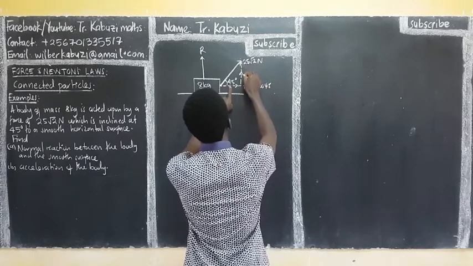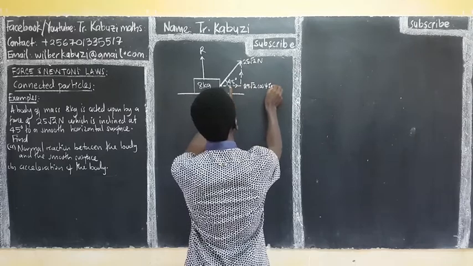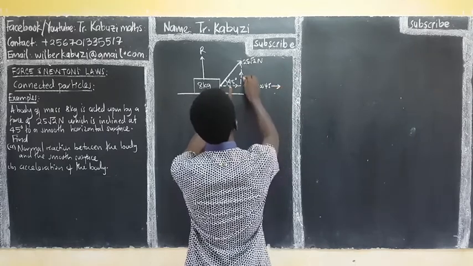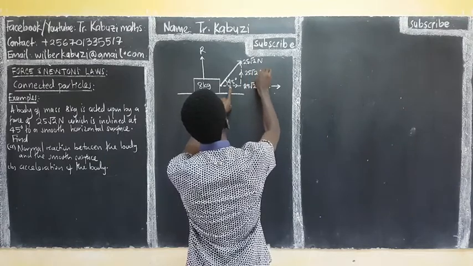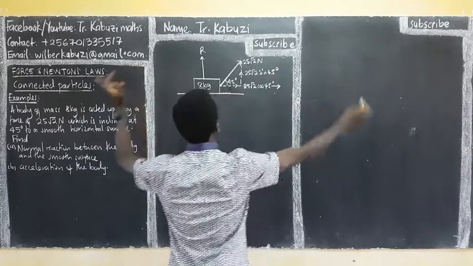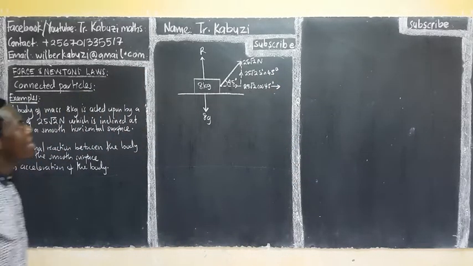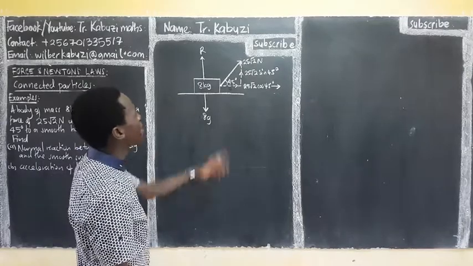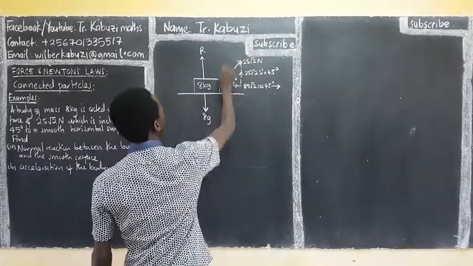Then this force going upward is the opposite, so 25 root 2 sine 45 degrees. After doing that, this is the reaction I was talking about. You can even put it this side or this side, it's up to you.